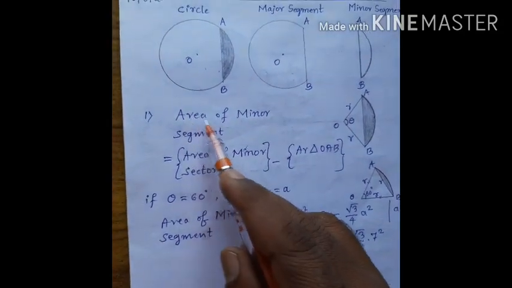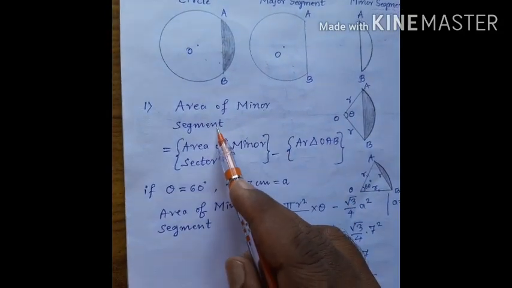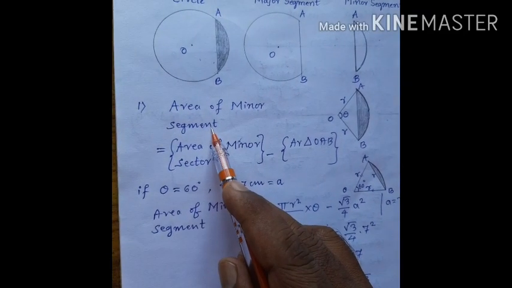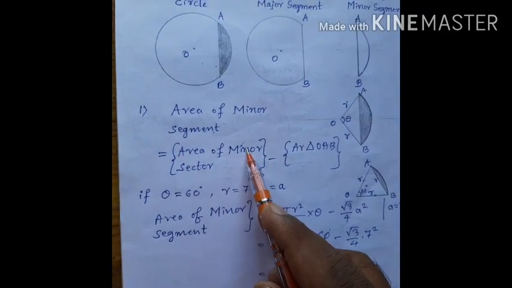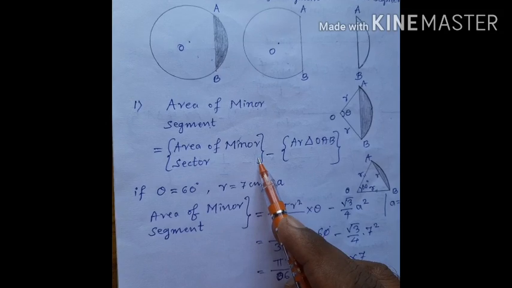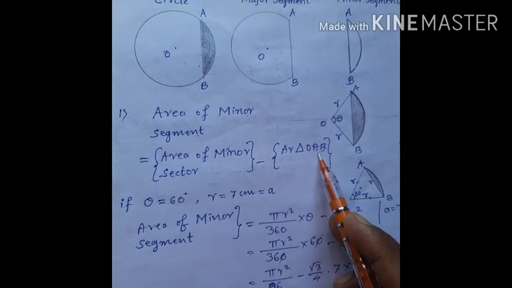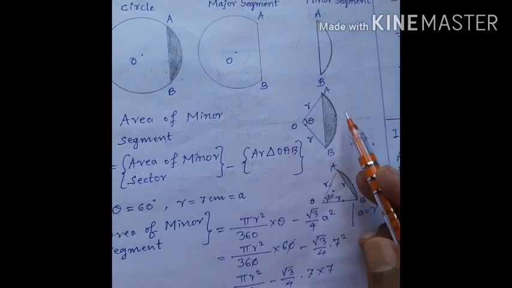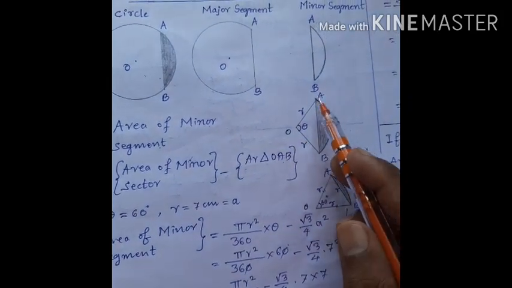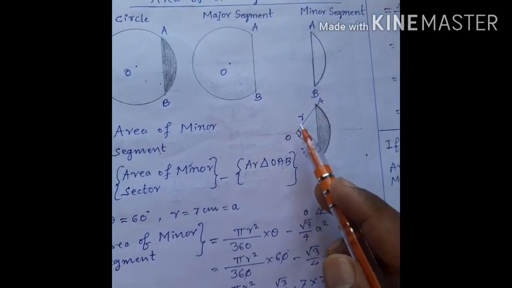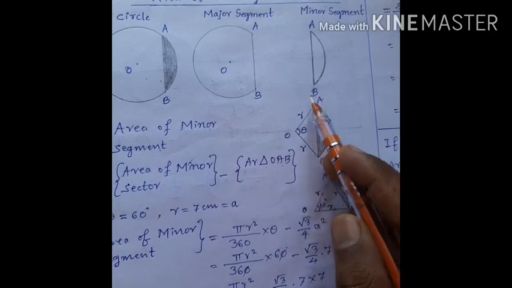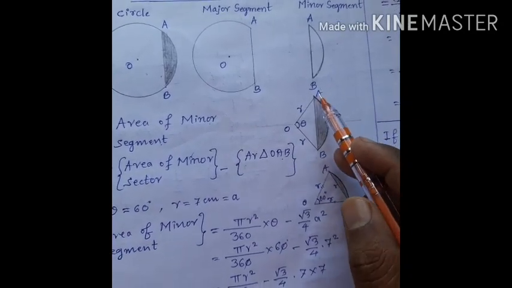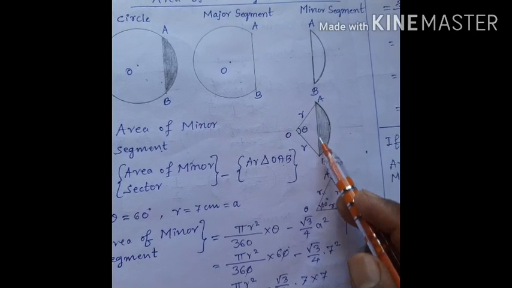Here area of minor segment is asked. The formula is area of minor sector minus area of triangle OAB. See here, this is the minor sector. Here OBA is a minor sector and this is AB.